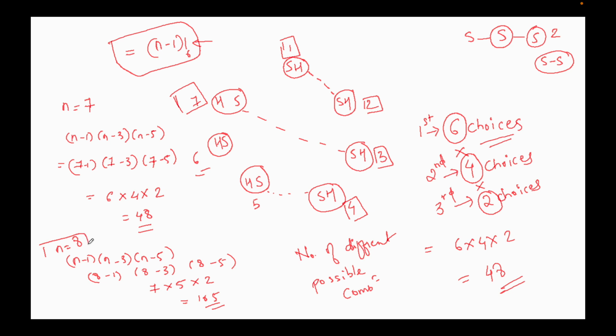So 8 cysteine residues have 105 different possible combinations in which they can form bonds among themselves. Okay, for 7 cysteine residues we got 48 different combinations, and for 8 residues we have 105 different combinations. Thank you.